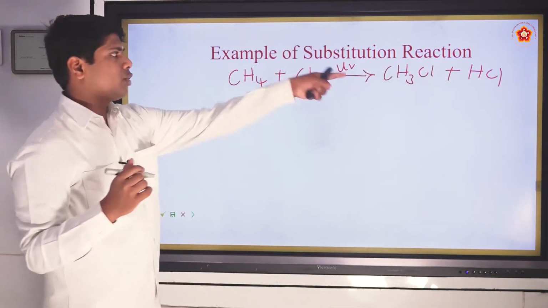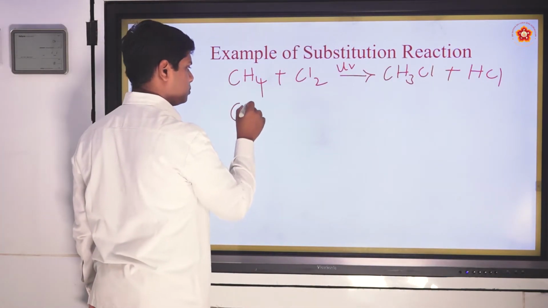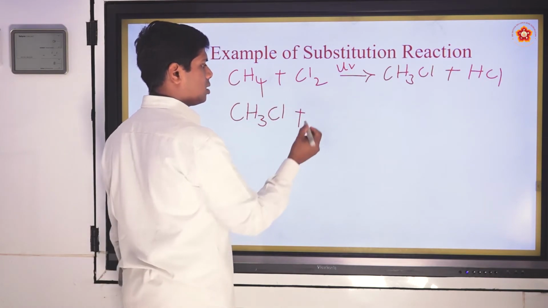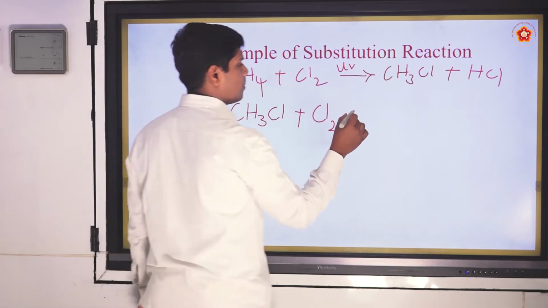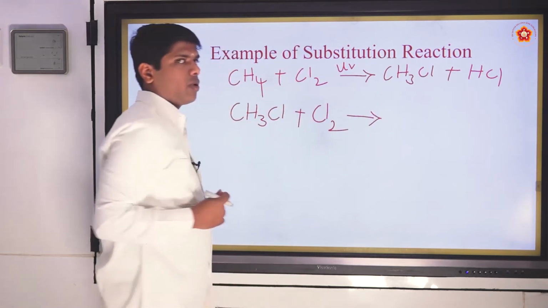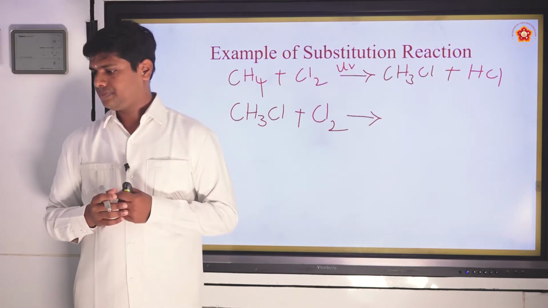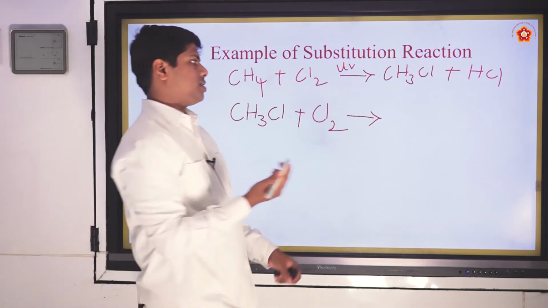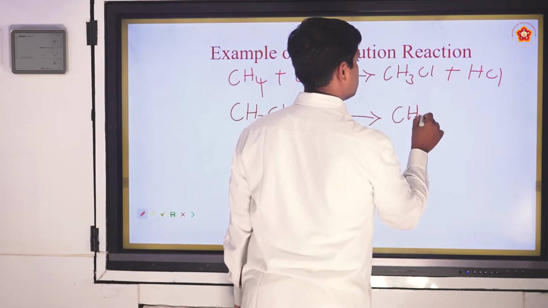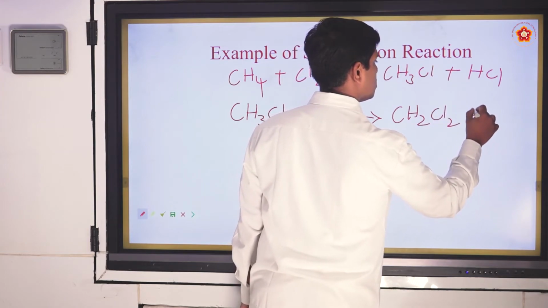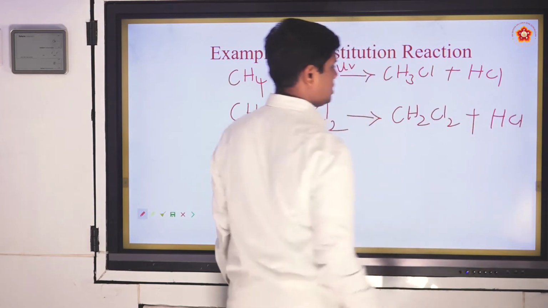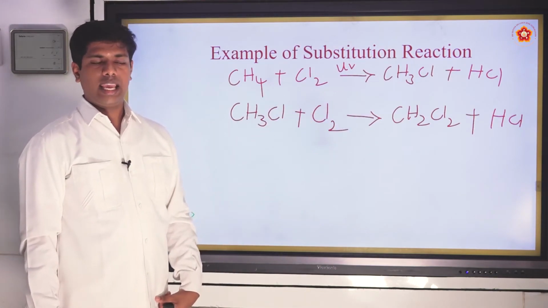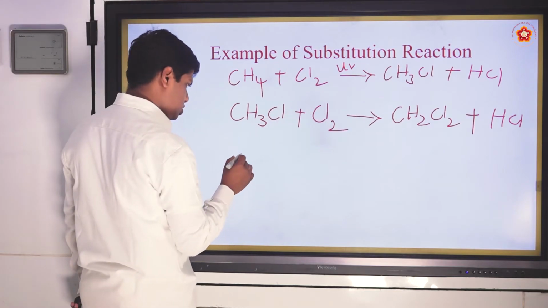Now let us take CH3Cl. It reacts with chlorine. Now what is the product? Please write down. What is this? Plus HCl. Dichloromethane. Next, take this compound CH2Cl2.